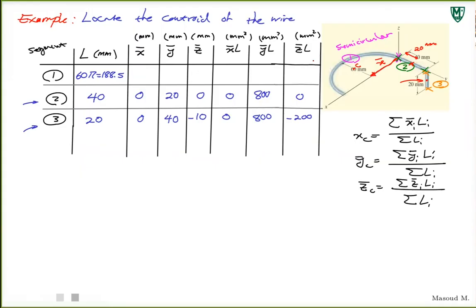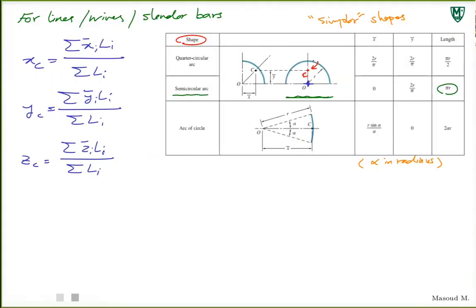Now, how do we find that X bar? If we go back to the table, it tells me that the centroid for a semicircular arc is located exactly in the middle.